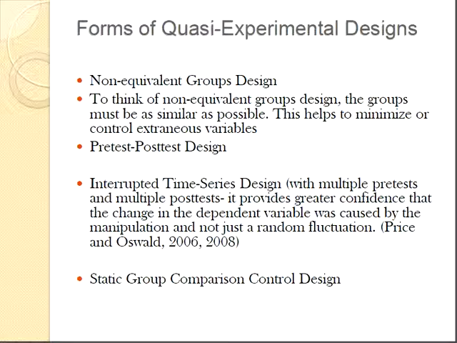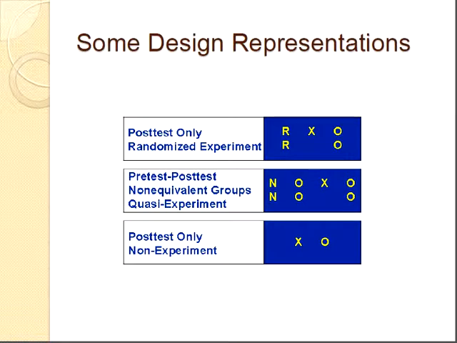This has been supported by many other researchers, including Oswald. Then we have the static group comparison control design. This I will briefly talk about when I look at the representations.